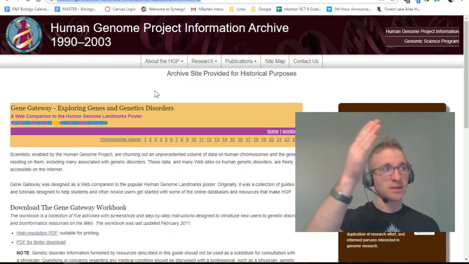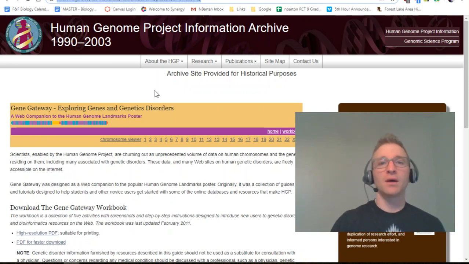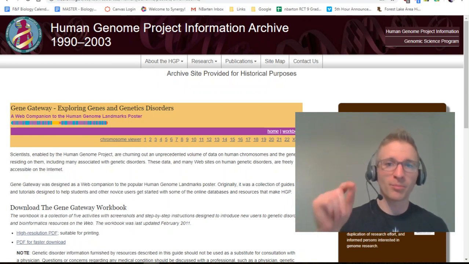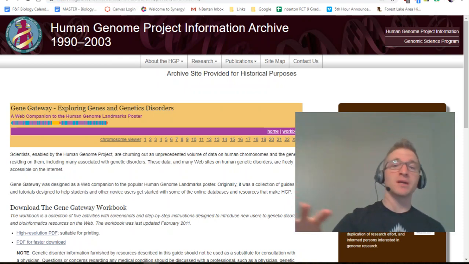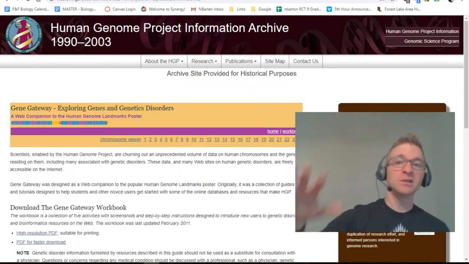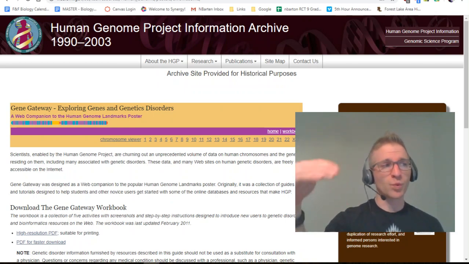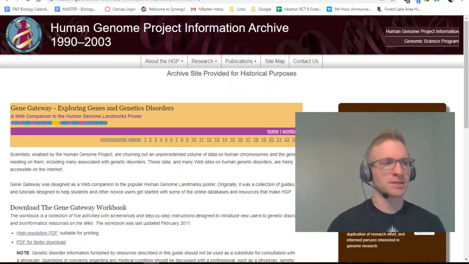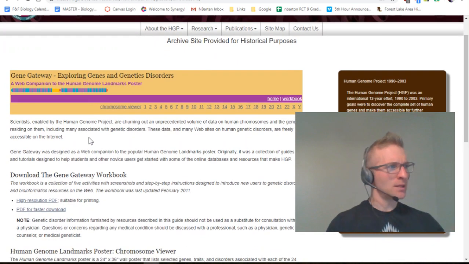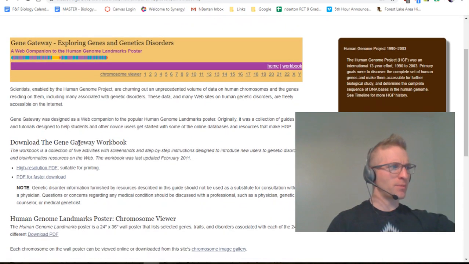Between 1990 and 2003, scientists worked on what's called the Human Genome Project. It was a groundbreaking bit of science. It took tons and tons of time with hundreds of scientists working together to get all this information. And here's some background information.